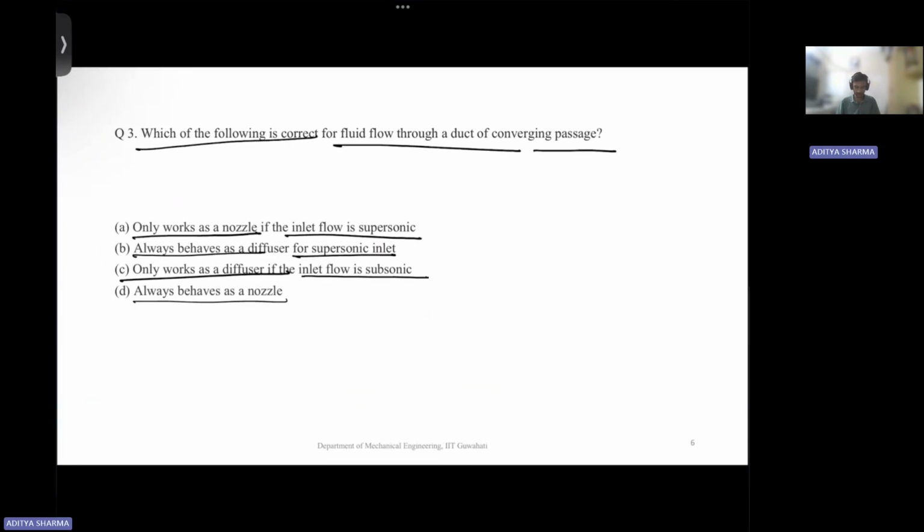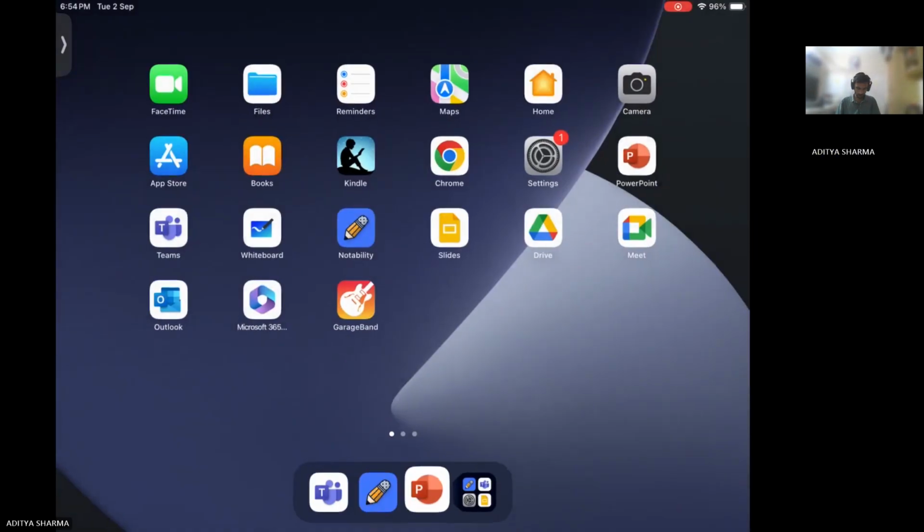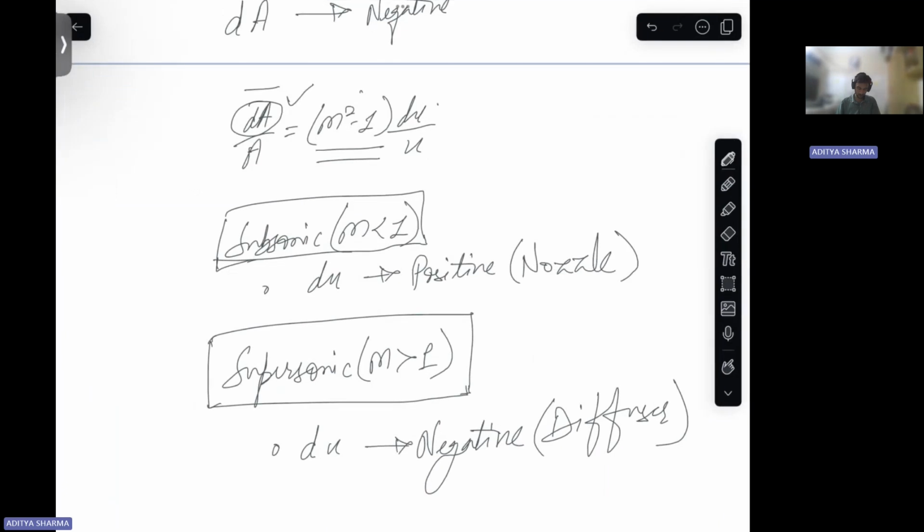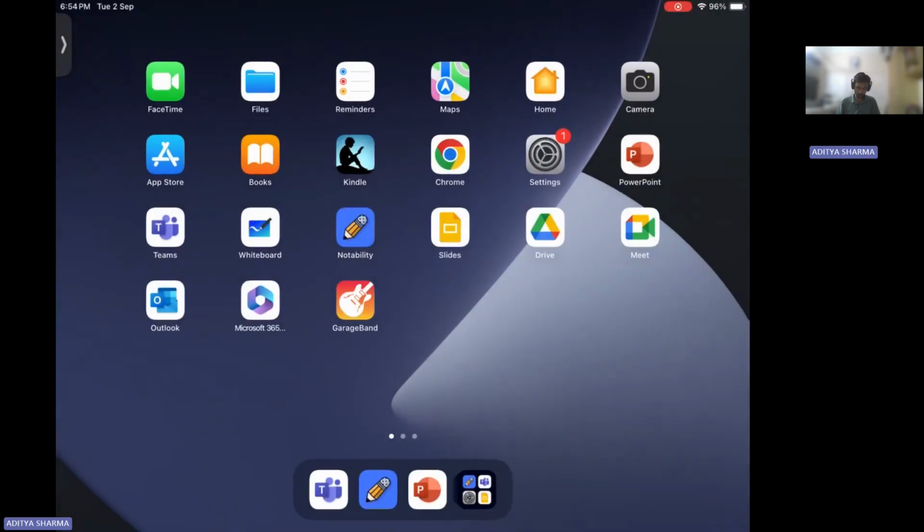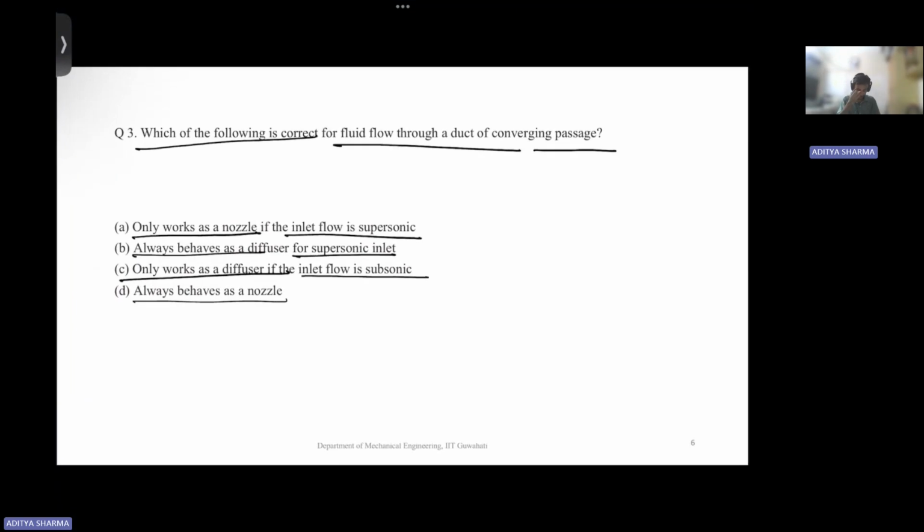Always behaves as diffuser for supersonic inlet. B seems to be right. Only works as diffuser if the flow is subsonic. This doesn't seem to be right. Always behaves as nozzle. This is also not right. So B seems to be the correct option. B is also the answer to this question.